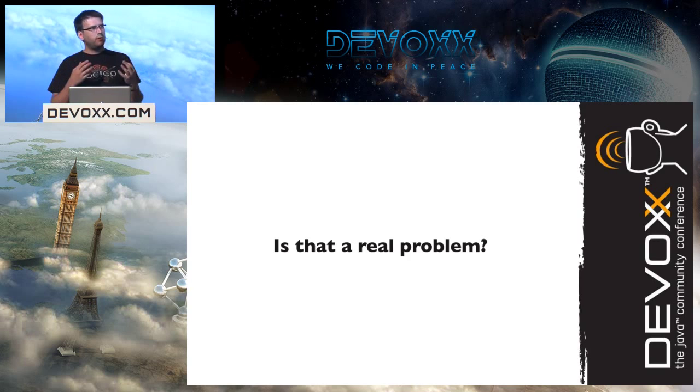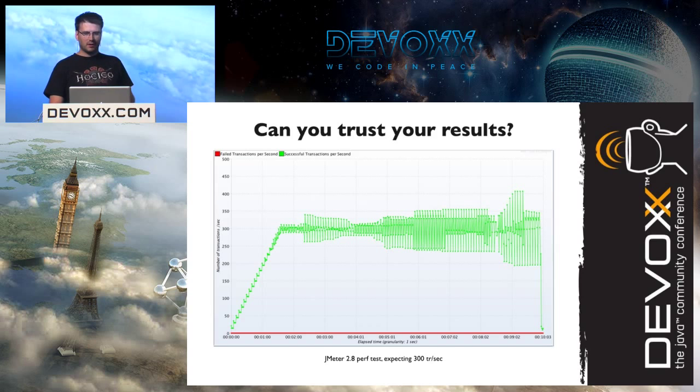Is this performance problem a real problem for you? Well, it depends on your use case. On this slide, you can see the official JMeter benchmark. And it's a very basic benchmark. It's just supposed to produce a very flat, constant 300 transactions per second injection rate.